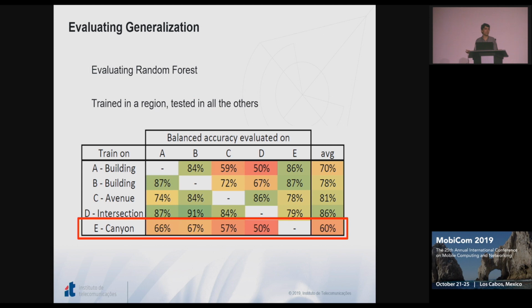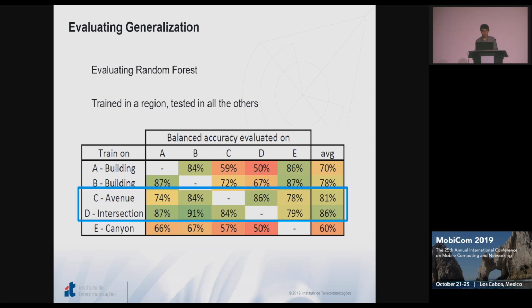Similarly, if you train on the worst case scenario of the urban canyon, you get very bad results classifying anything. On the other hand, if you select the regions with more diverse data, which are the avenues and the intersections, you can achieve accuracies of around 86% when classifying a completely different region.